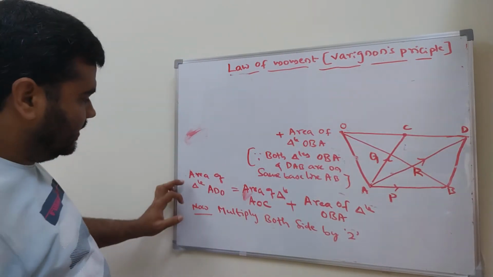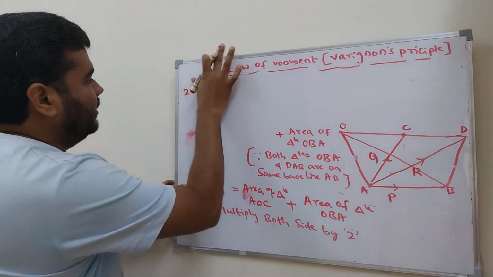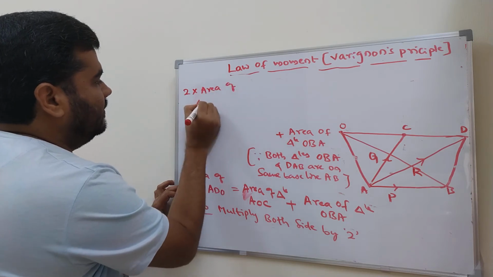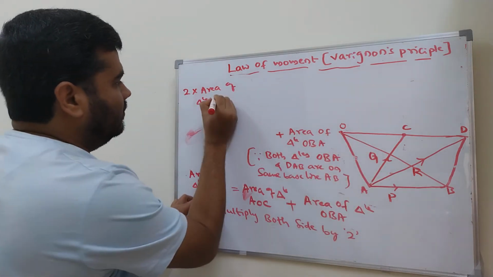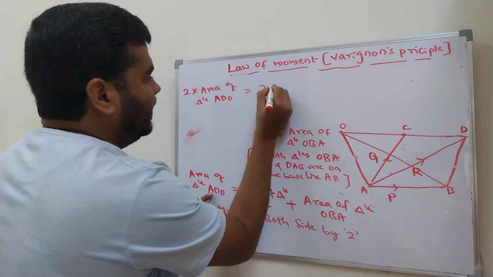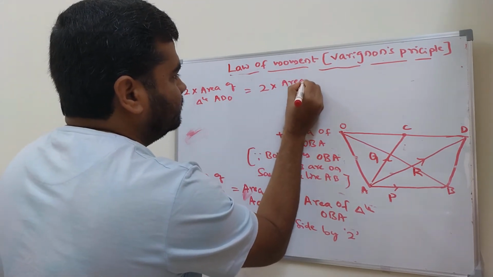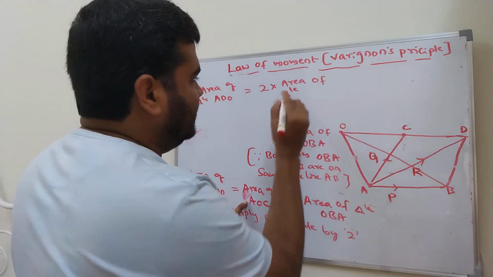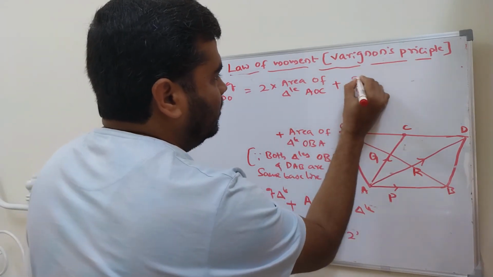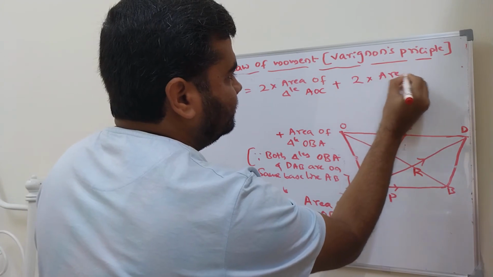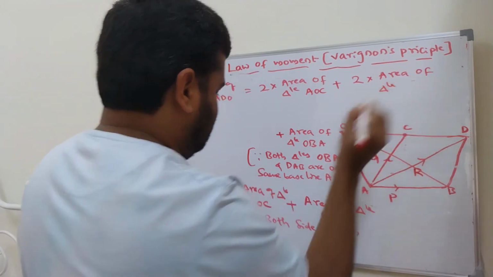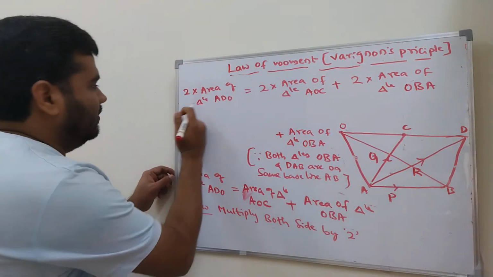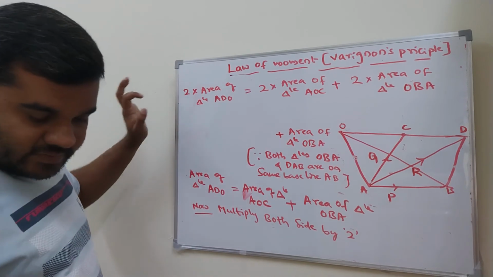The left side is 2 times the area of triangle ADO, equal to 2 times the area of triangle AOC plus 2 times the area of triangle OBA.